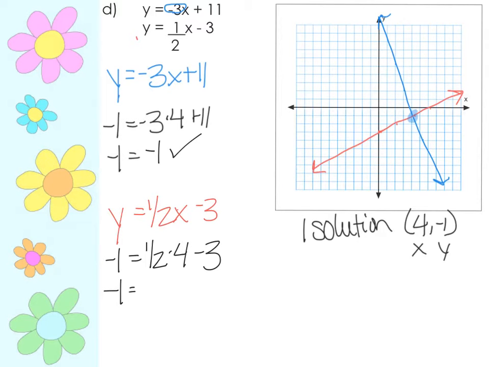And checking. 1/2 times 4 is 2. Minus 3 is -1. Awesome. We got two true statements, so it works in both equations. So this is for sure our correct solution. If you guys have questions, help each other out with it. Otherwise, let's move on to our last example.